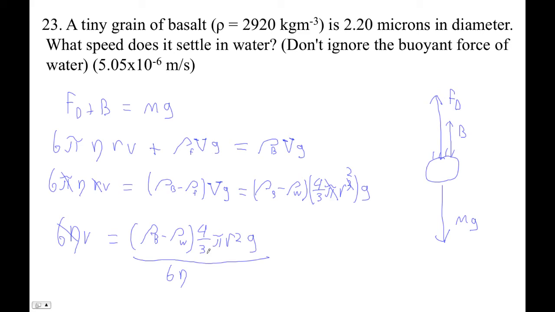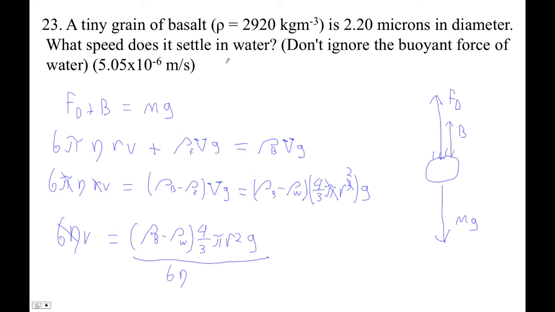Times 4 divided by 3 times the radius, so 2.2 times 10 to the minus 6, squared. Don't forget to square the radius. Times g, 9.81, divided by parentheses 6 times, what speed does it settle in the water?